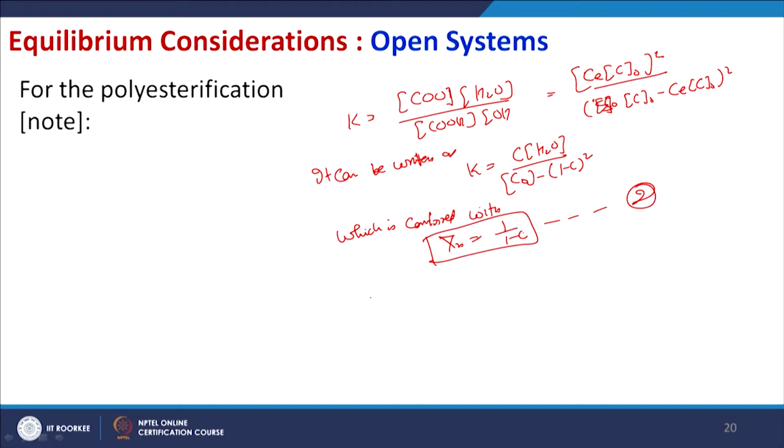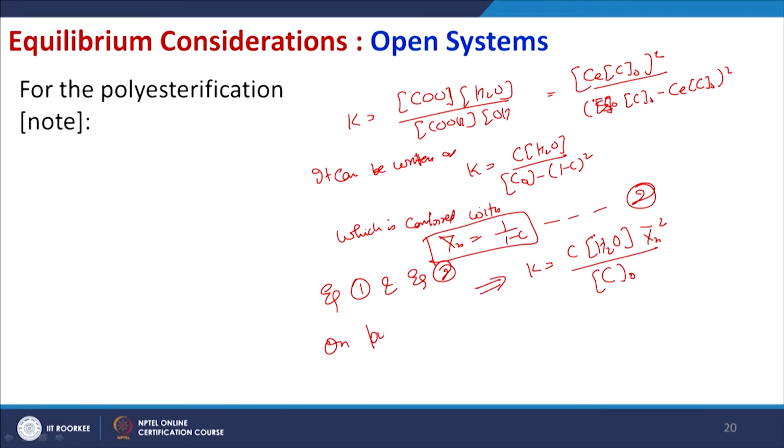Now, if we consider equation 1 and equation 2, then it may become K is equal to C_H2O Xn squared upon C naught.